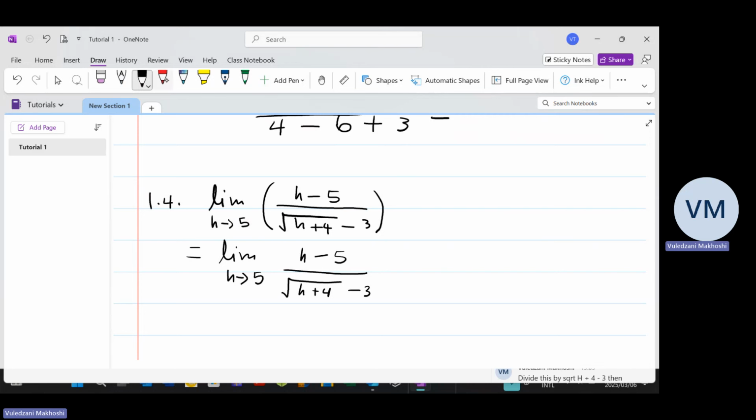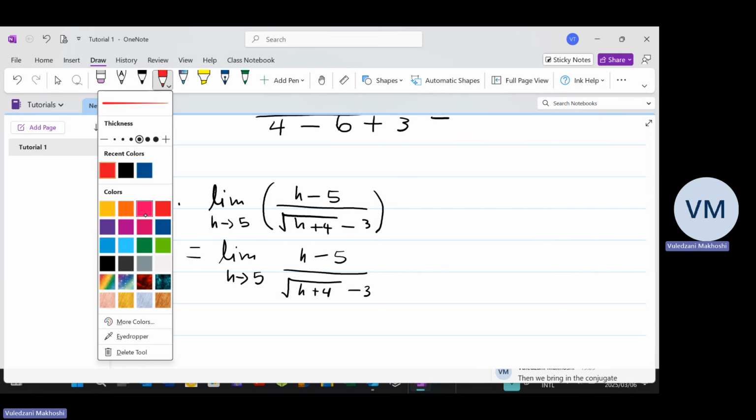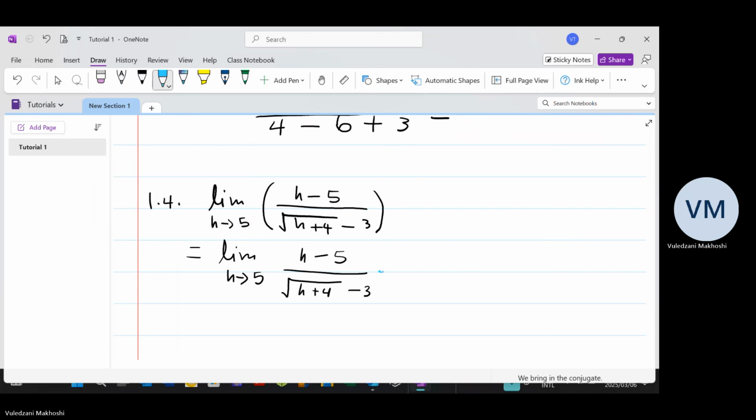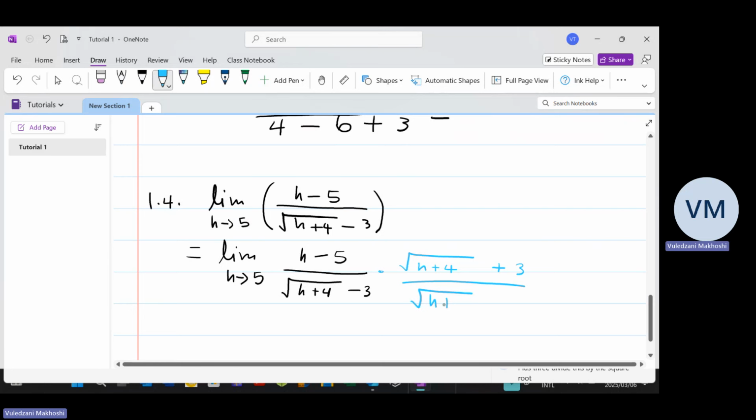Then we bring in the conjugate, which will be the square root of h plus 4 plus 3. Divide this by the square root of h plus 4 plus 3, which is just 1.